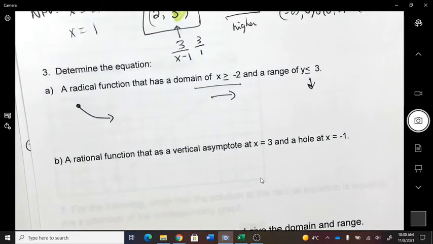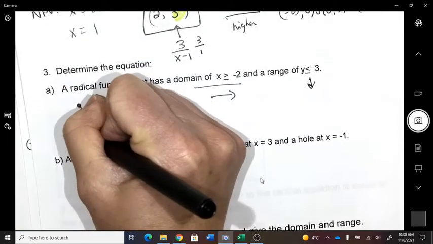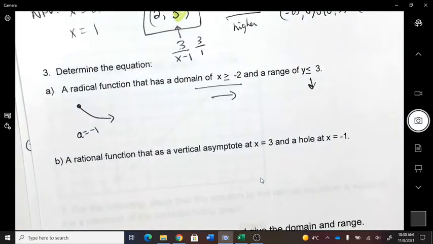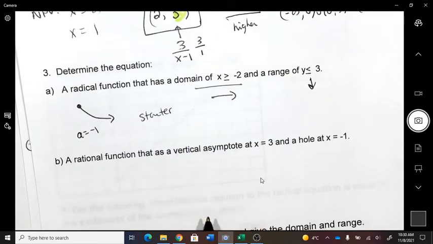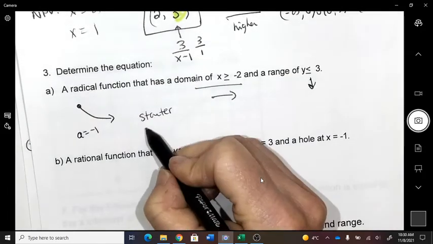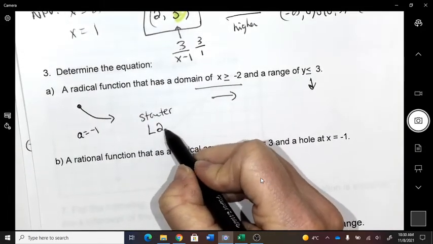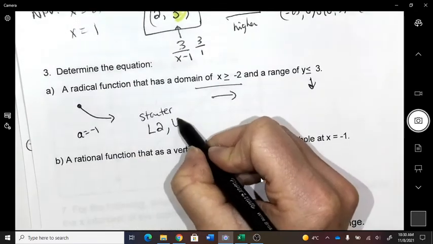So that's the shape of my radical. So that's not normal. So now is it an A or a B reflection? A. And where's my starter? It moved which 2 directions? Left 2 and up 3.